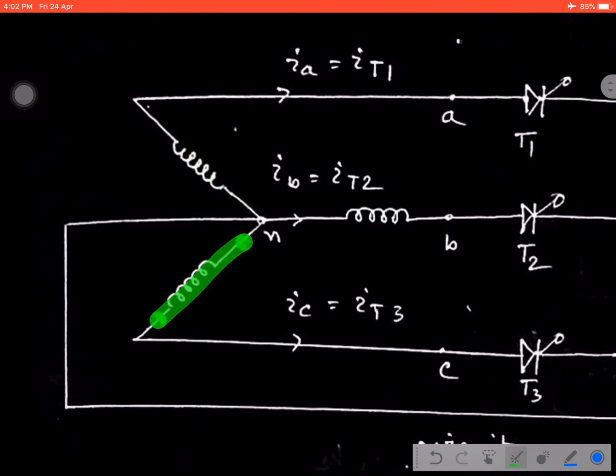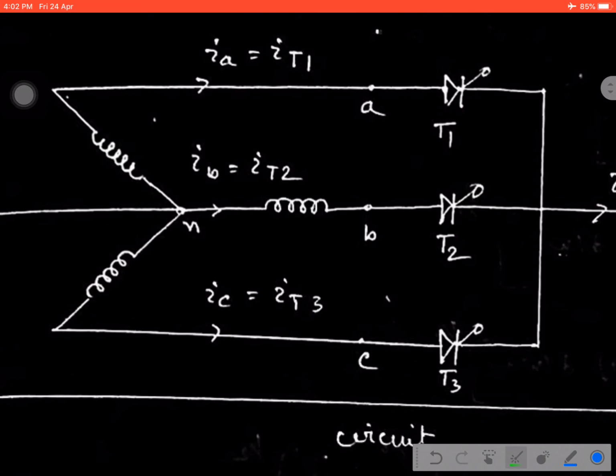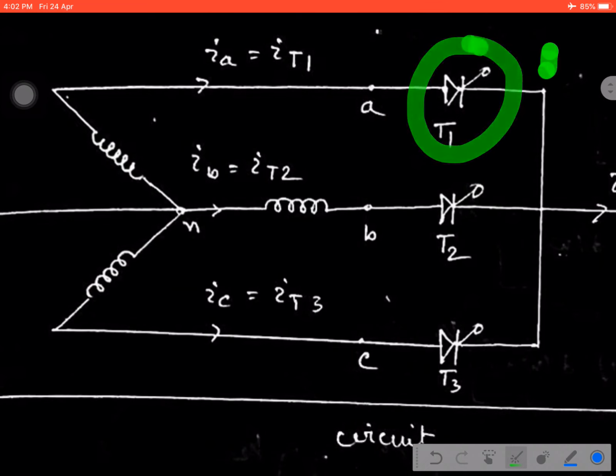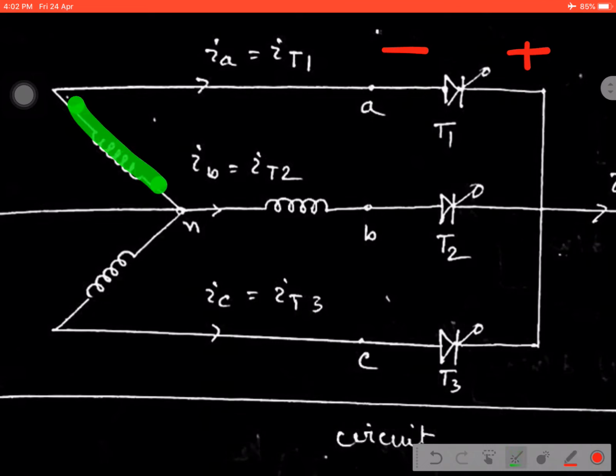That means in all the cases the voltage across the thyristor T1 will be more negative with respect to this one, as VAN is less than VCN during 0 to pi by 6. That means we cannot fire the thyristor in this particular region.